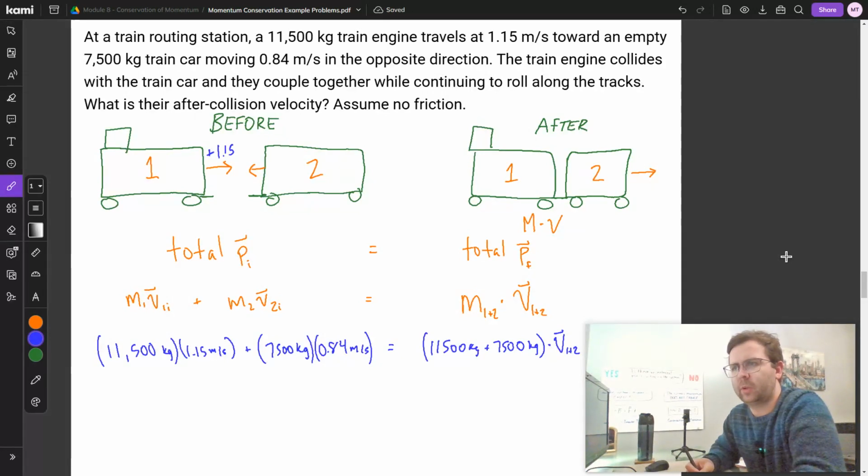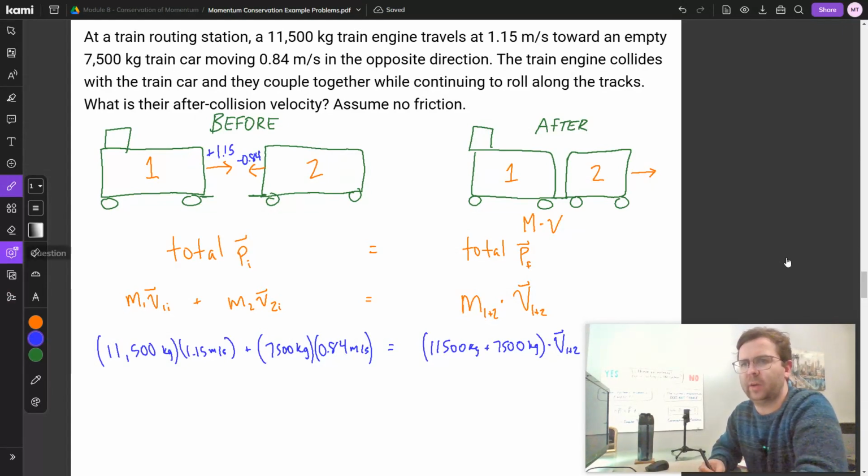But train car 2's velocity is negative 0.84. It's moving in the opposite direction. And so when I label my velocity down here, I need to include a negative sign to show that this velocity is not just 0.84, but negative 0.84.